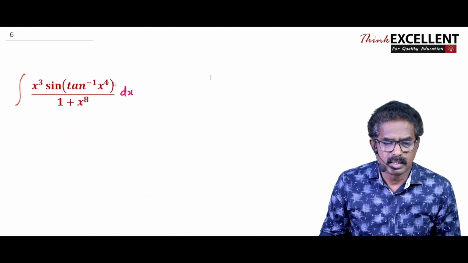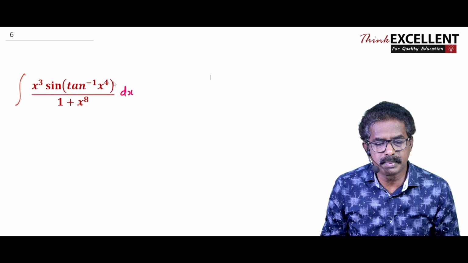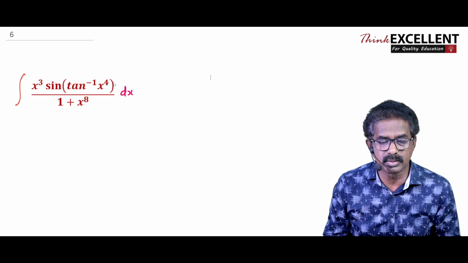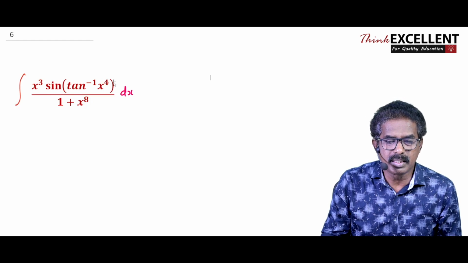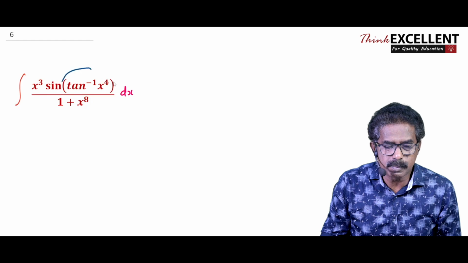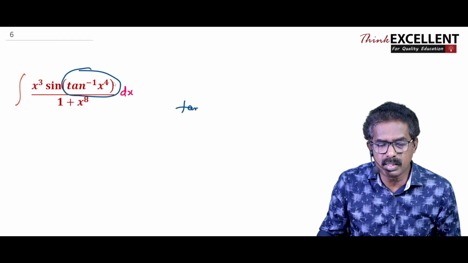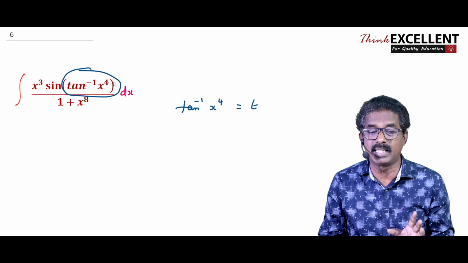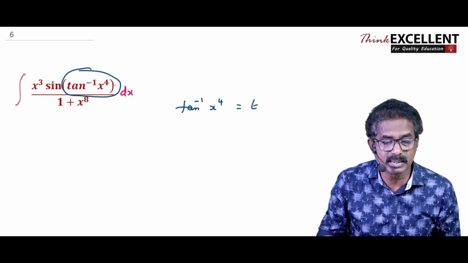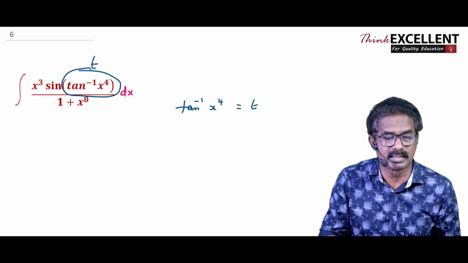Look at this question. Integral x cube sin of tan inverse x raised to 4 by 1 plus x raised to 8 dx. Here the method is, you take tan inverse x raised to 4 as t. So all this becomes t, and sin of this is sin t.